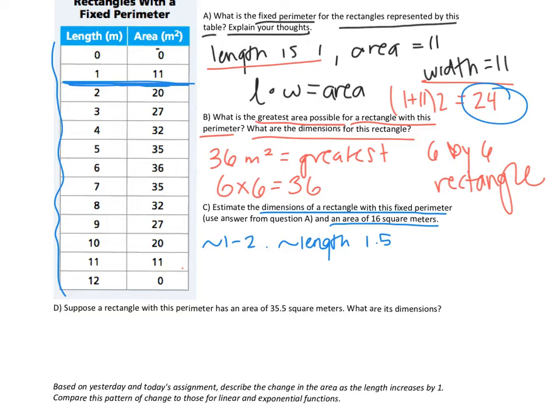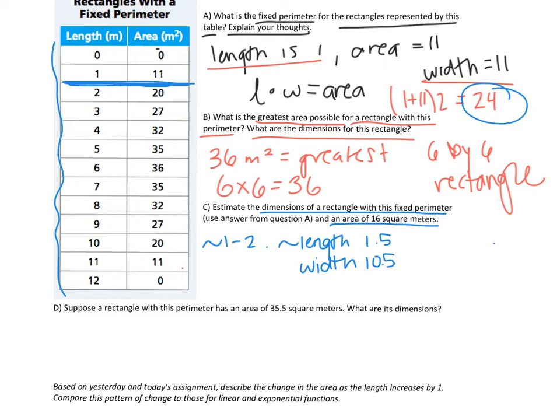And you can kind of, again, figure out, well, if the length is 1.5, the width has to, again, be added to the length, multiplied by 2 to give me the perimeter. So my width is going to be about 10.5. Okay.